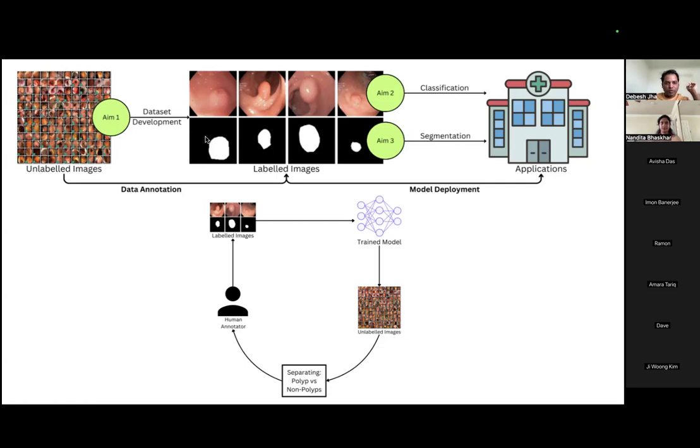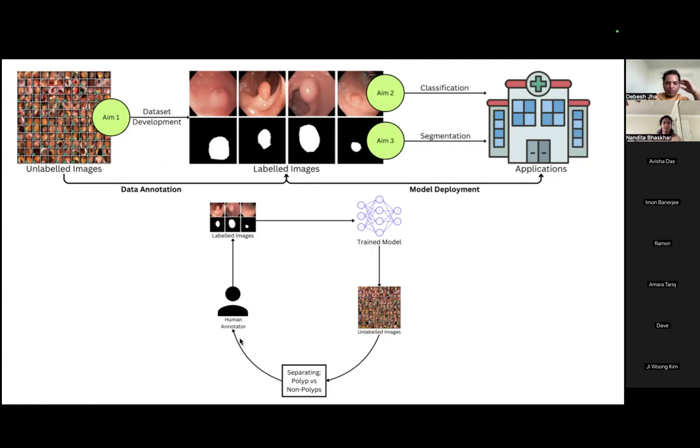Our goal was to develop a classification dataset and also a segmentation dataset. At first, we collected this dataset from Bærum Hospital in Norway. Then we separate, for example, polyp versus non-polyp. Let's say if you have 100K GI images and you separate them, you get, let's say, 5,000 polyp images.